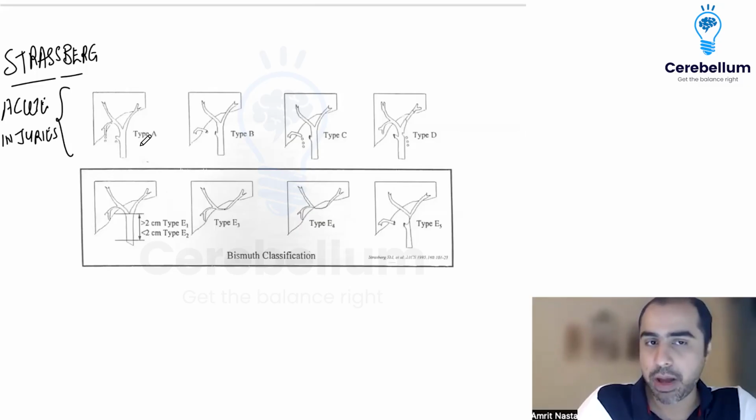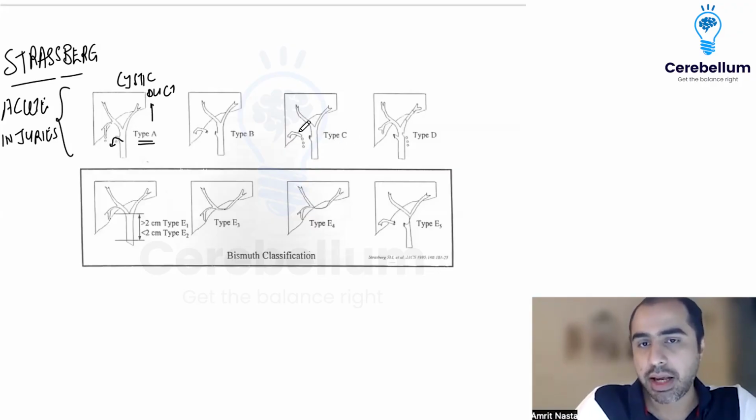Where in type A, you can see the leak is coming from here. That is going to be cystic duct leak. This is the most common type, cystic duct. In type C, the leak is coming from here. That is going to be right posterior duct leak.